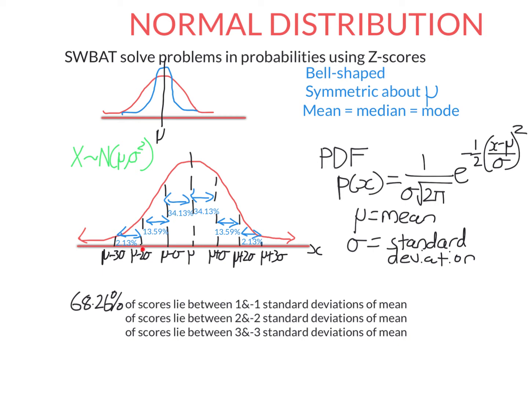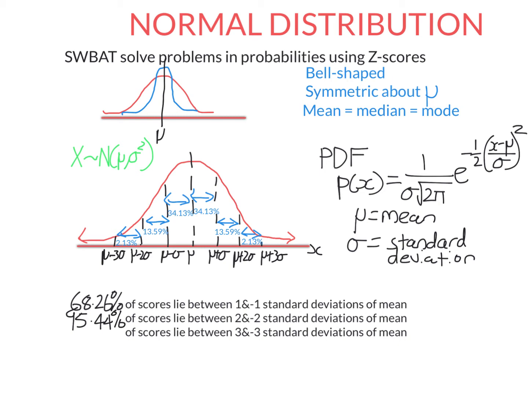Similarly, over here we have 2 standard deviations below the mean. That's what 2 sigma means, 2 standard deviations. And over here, 2 standard deviations above the mean. If we add up all these numbers here, we get 95.44% of scores lie within -2 and 2 standard deviations of the mean.